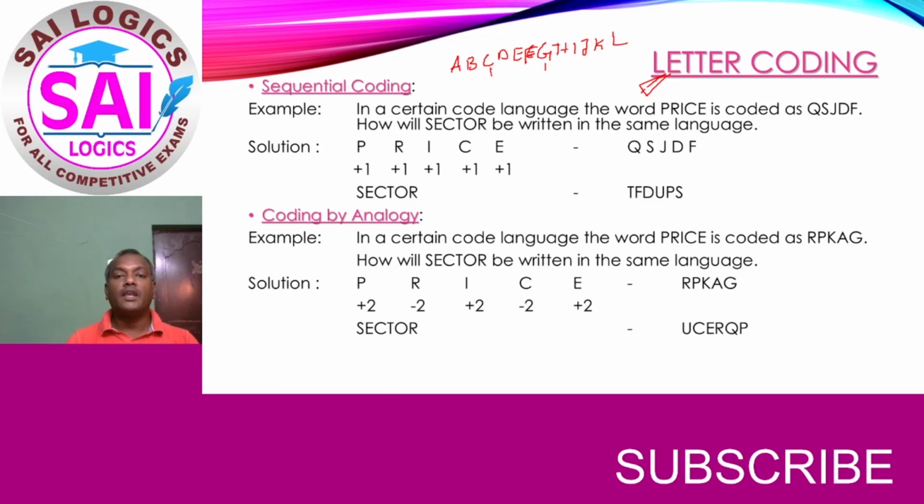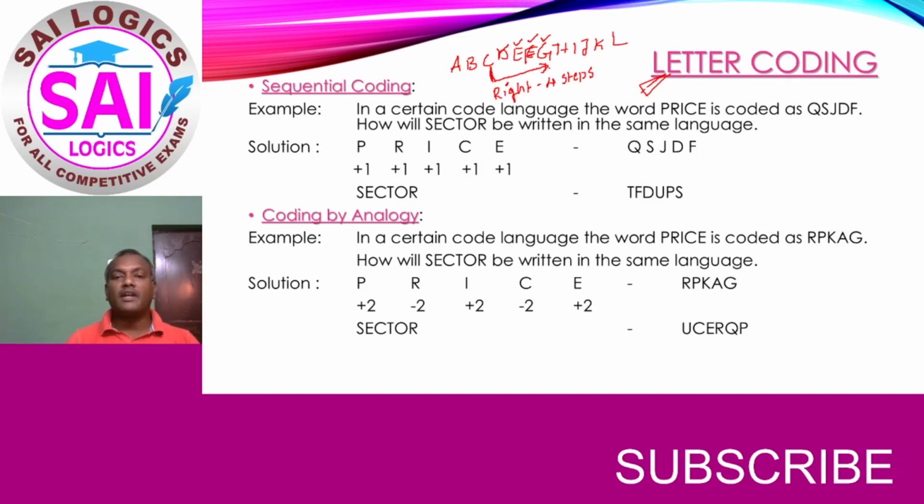Now we have to see what happened to alphabet C. We can observe here that C has been definitely moved towards right side. So how many steps has it taken to reach G? So step 1 is D, step 2 is E, step 3 is F, step 4 is G. That means the rule involved here is C has moved towards right. How many steps? 4 steps. So that was the logic involved in coding from C to G.